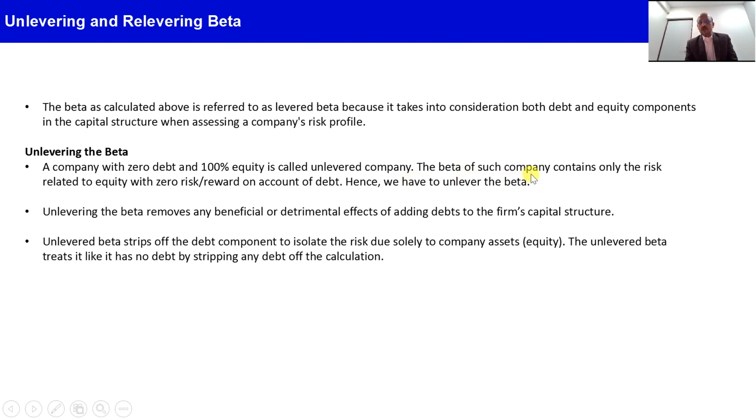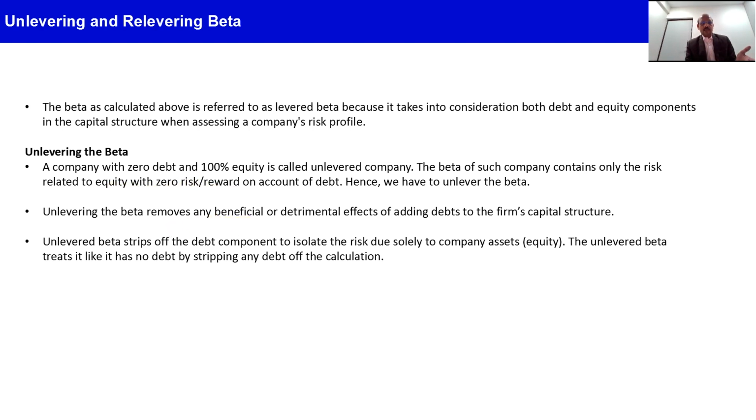So we can convert the levered beta into unlevered beta simply by using a mathematical formula, which I will be showing just now. Because the debt portion is 0 and the equity portion is 100%, from the levered beta we have to remove the effect of debt.